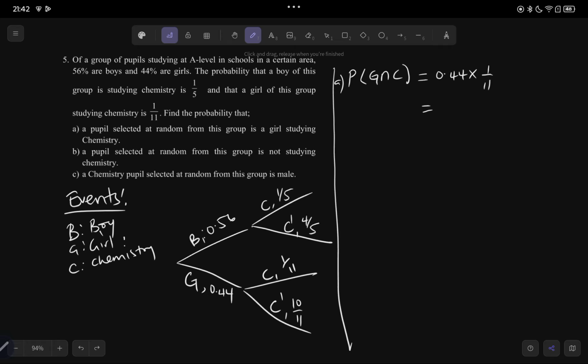So 0.44 divided by 11, the answer is 0.04. That's our answer. Or in fraction form, that is 1 in 25.